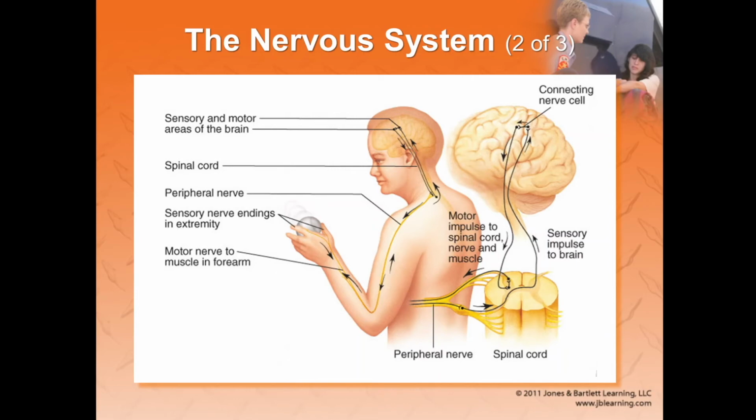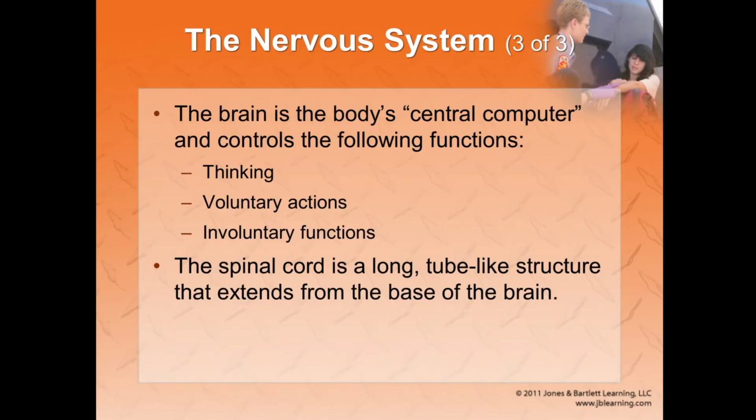All of these things help us think about our next move and move our body. So again, the brain is the body's central computer, and it controls these functions: thinking, voluntary actions, and involuntary actions. The spinal cord is a long tube-like structure that extends from the base of the brain.